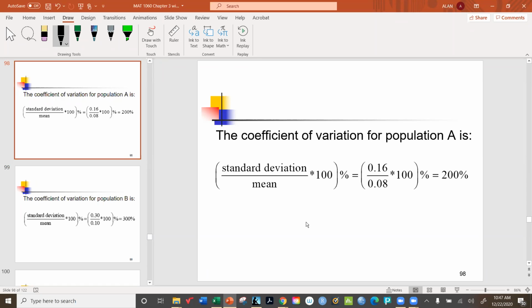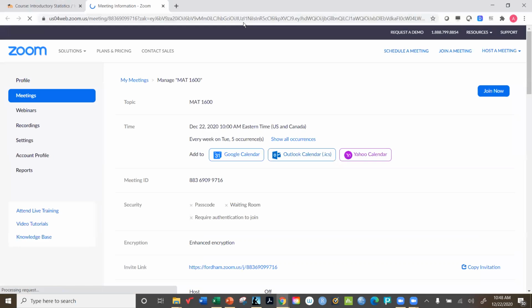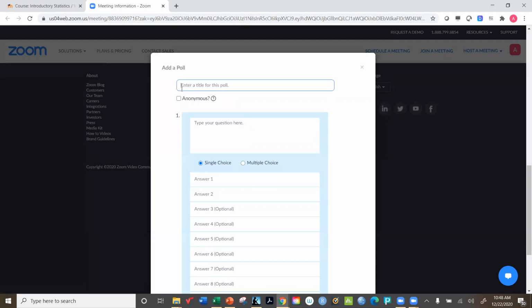What do you think? In fact, maybe this is an excuse to do a poll. I like that. Which is better, a high coefficient of variation or a low coefficient of variation?